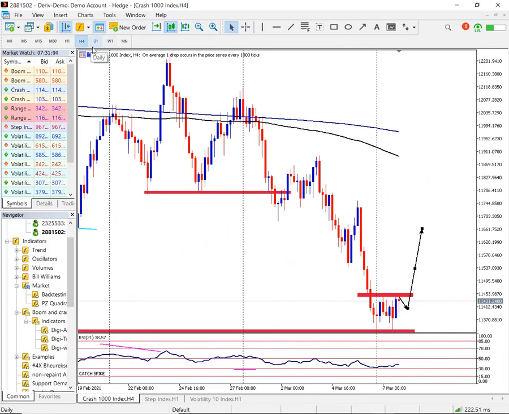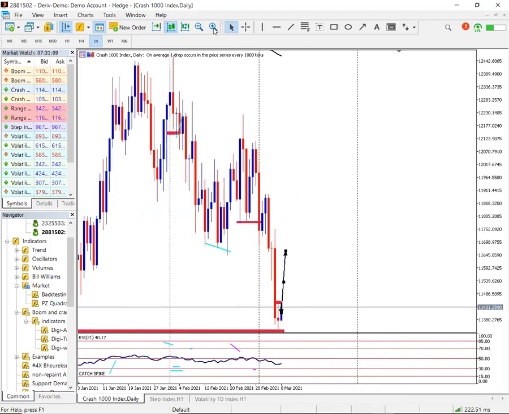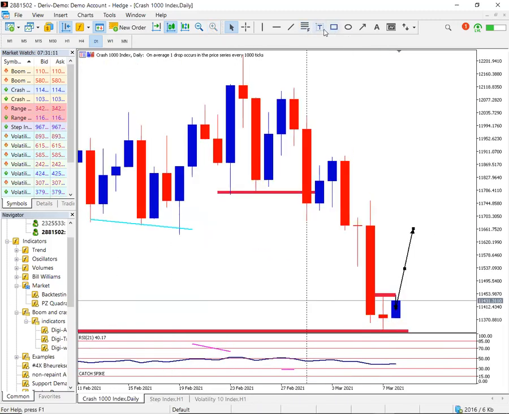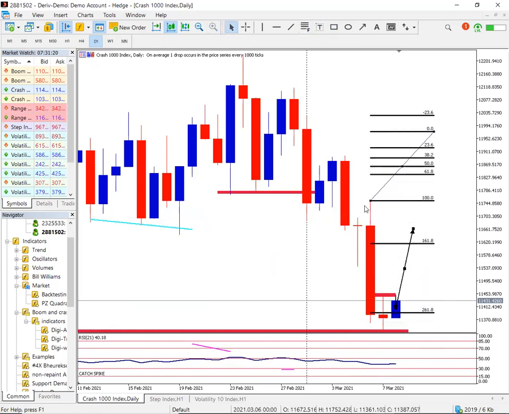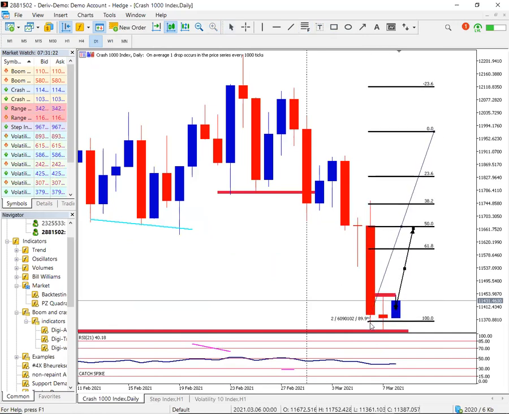It was a daily candle. For the 50% retracement, you just go here and put your Fibonacci. I think I need to push like this.